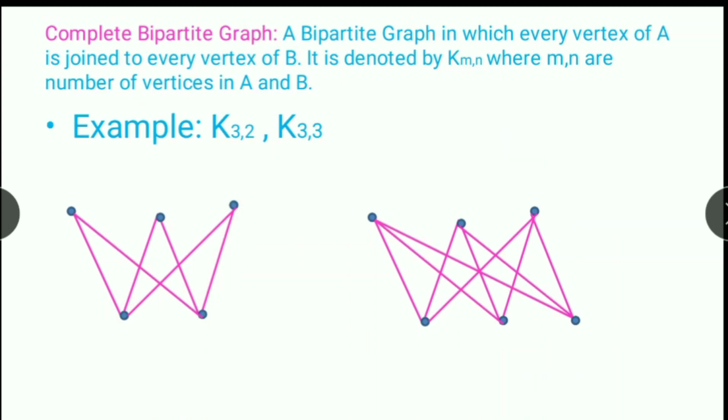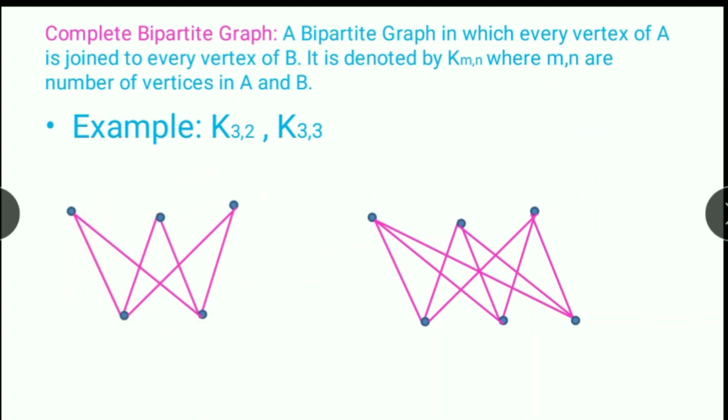But in a complete bipartite graph, if I have a vertex here, it should be joined to all the vertices of the second set. So this is a complete bipartite graph.